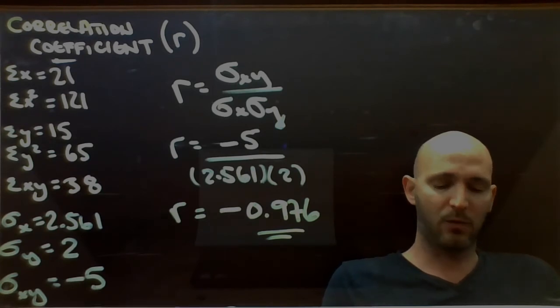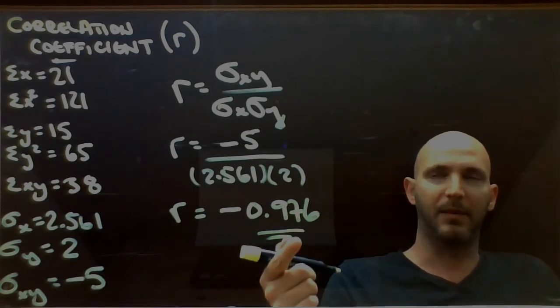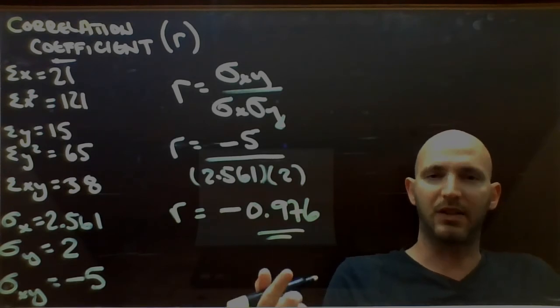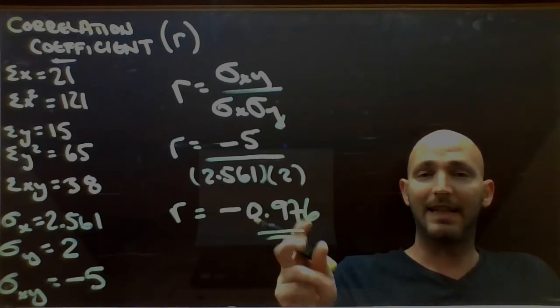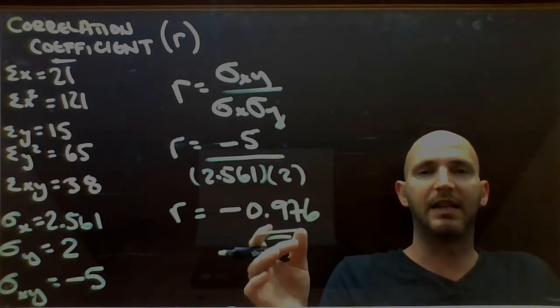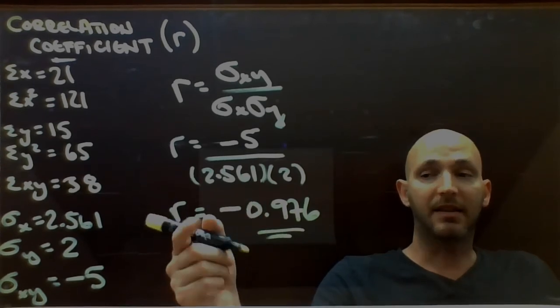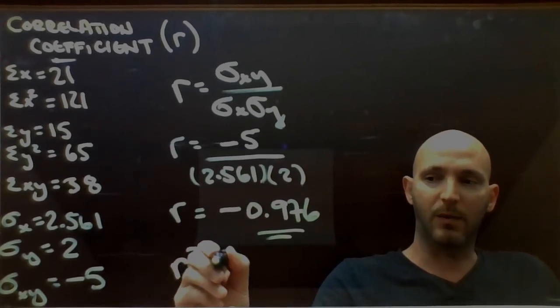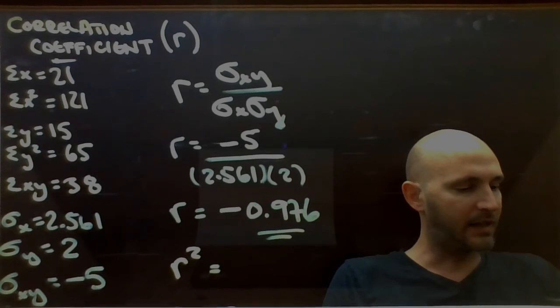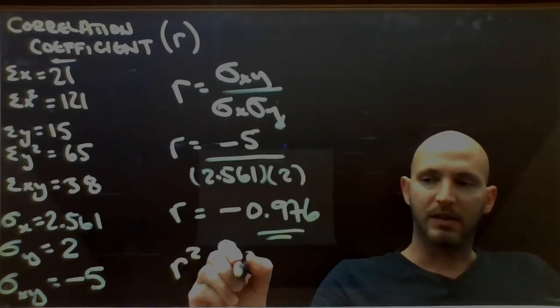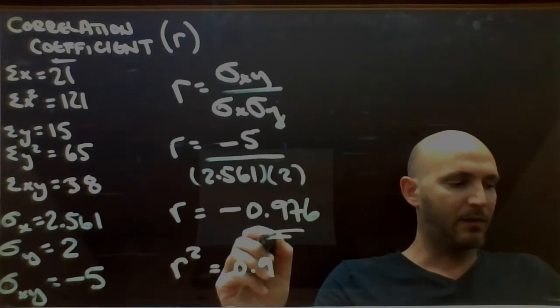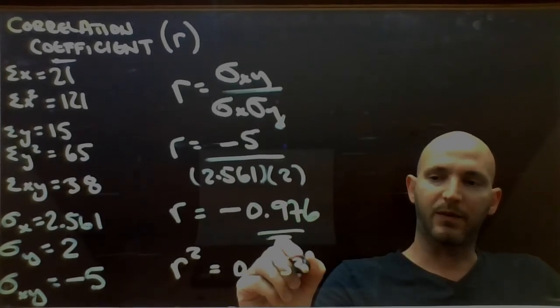In fact, if you want to represent this number as a percentage of linearity, so what percent linear is it, you can take this correlation coefficient and square it. And you would end up with 0.953.